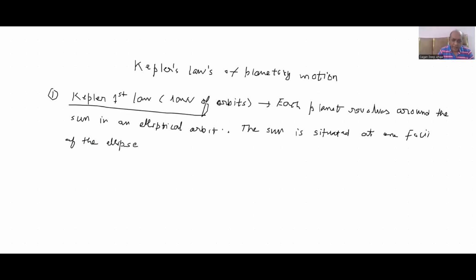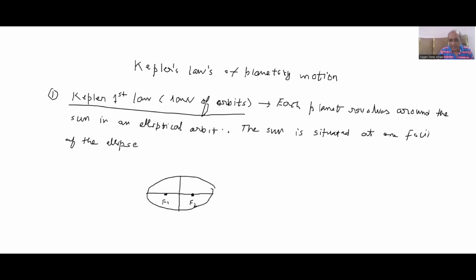Because you know that, if we draw an ellipse, it has two axes. This one is called the major axis, and this is called the minor axis. Okay. And an ellipse has two focus, F1 and F2. So that's why the plural form is foci. So basically, this theory is saying that the planets are revolving in an elliptical orbit.